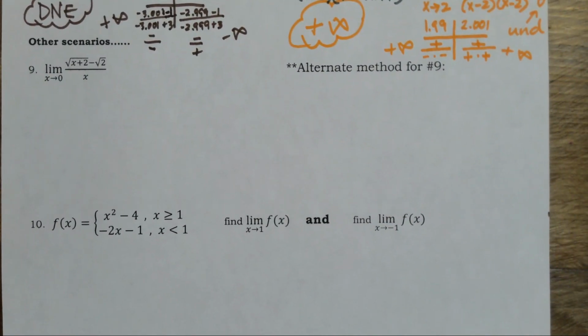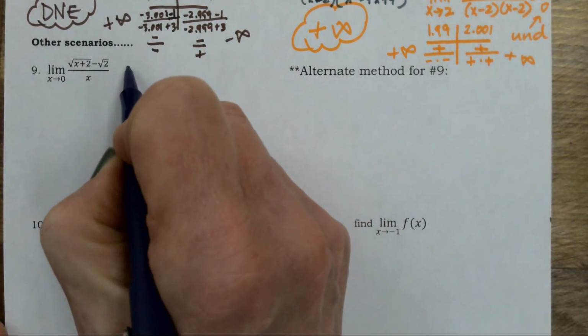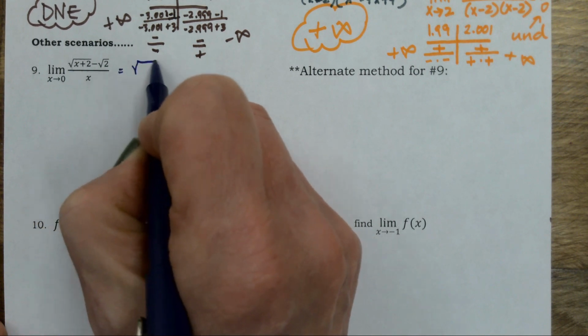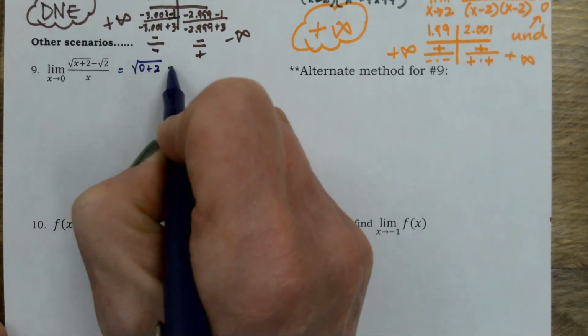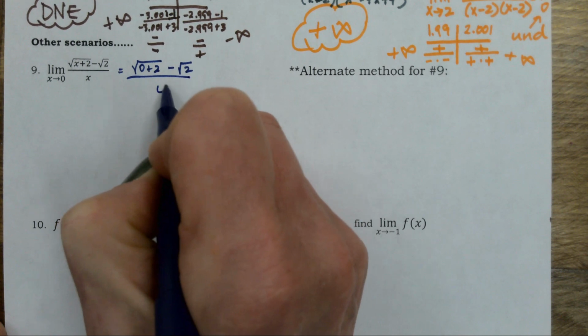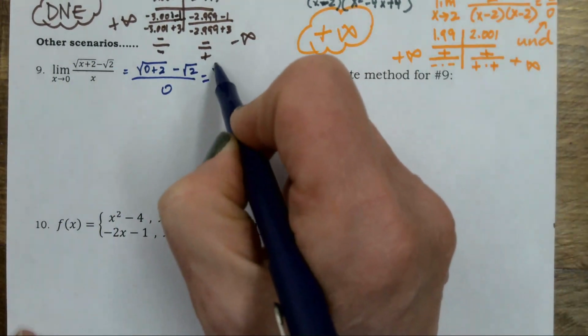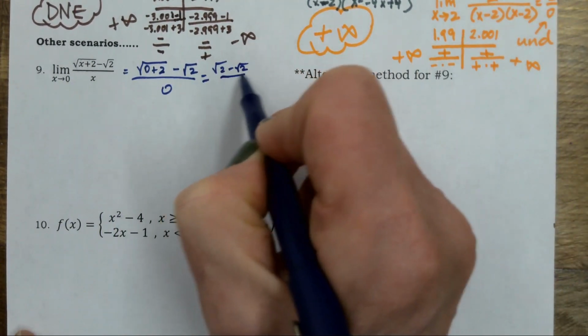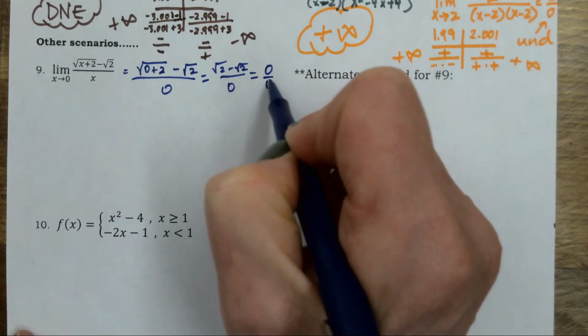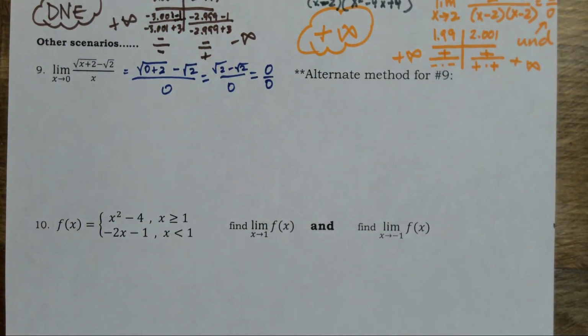I'm going to do the same thing. Easiest way to take a limit is to plug it in. I get the square root of 0 plus 2 minus the square root of 2 over 0, which is the square root of 2 minus the square root of 2 over 0, which is 0 over 0, which is a problem.